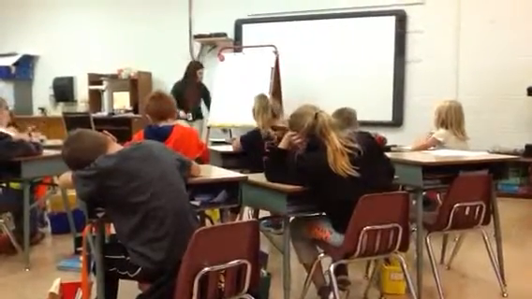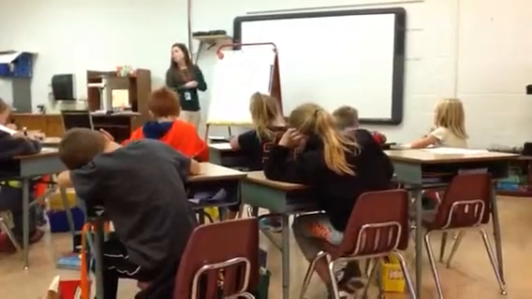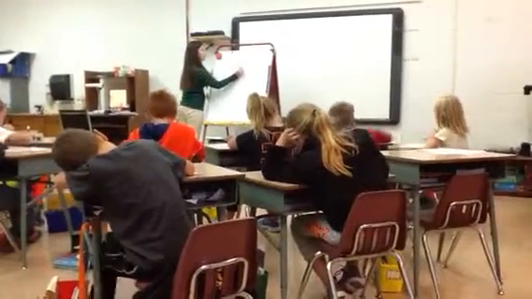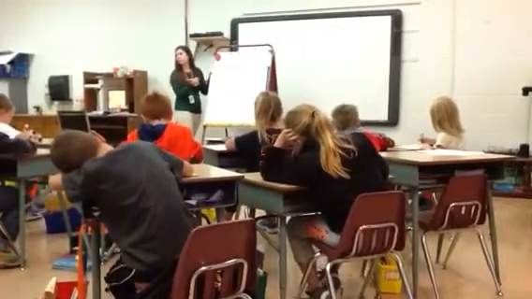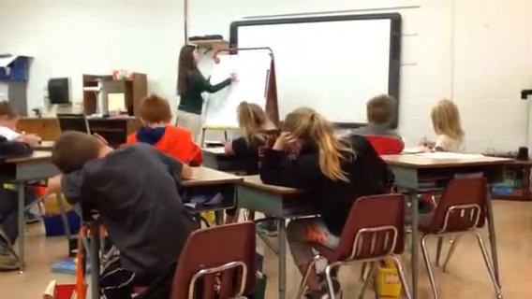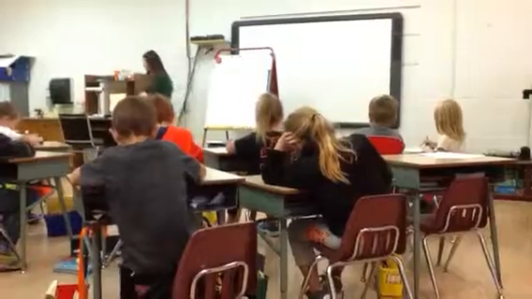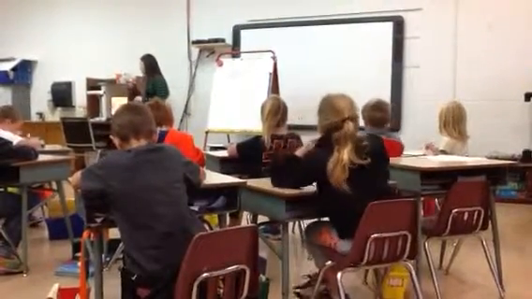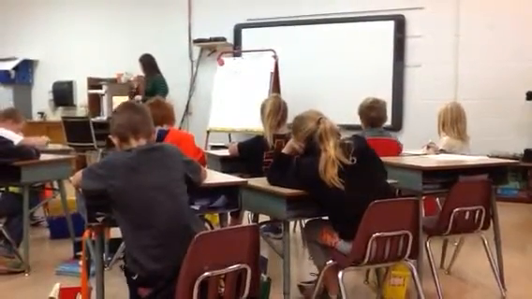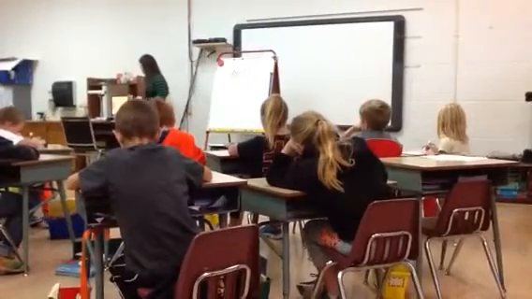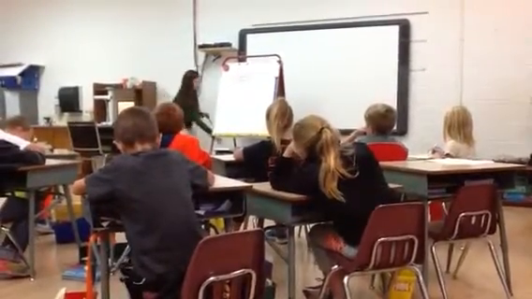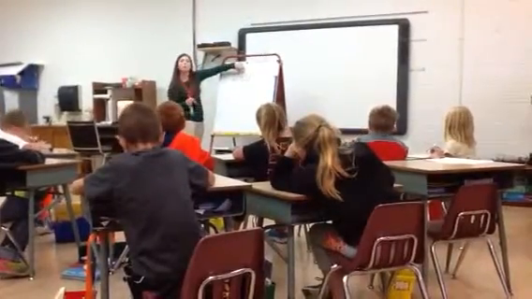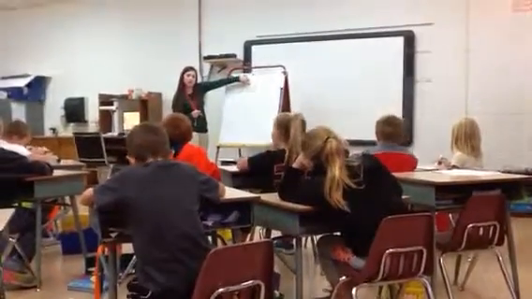YG, what's the first thing we need to do? Underline. Yep, we're going to underline. And give me one more thing that we need to do. Put a C. We're going to put a C to represent closed. And what's the last thing that we're going to put up here to represent the short vowel sound?